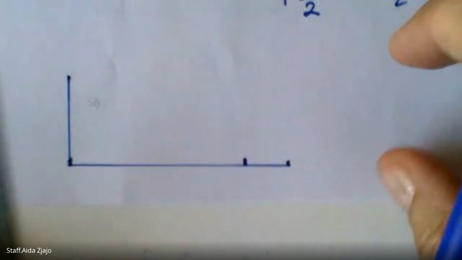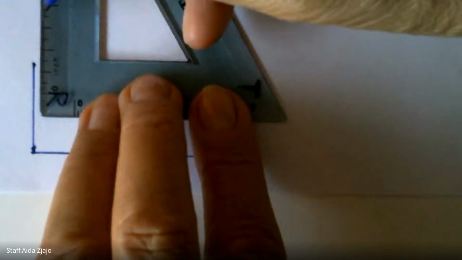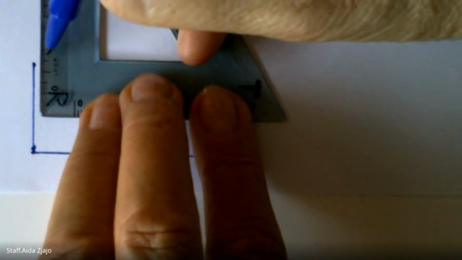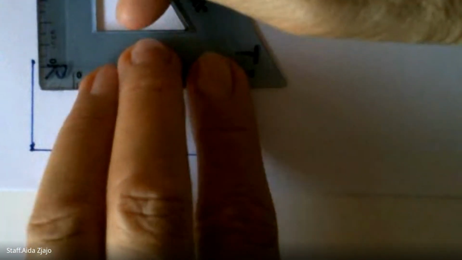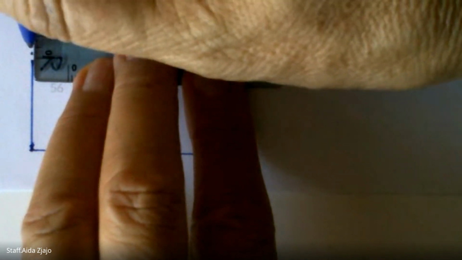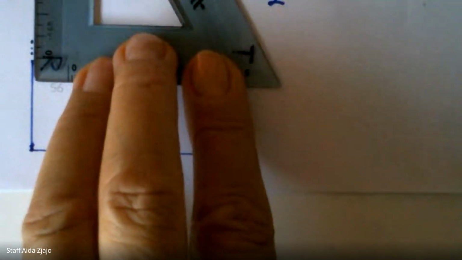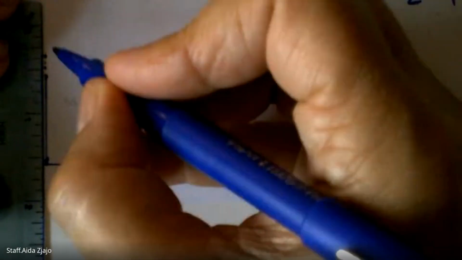If I make it precise, this is 1 2 3 4 5 6 7 8. If I times 2, that means 16. So about like this, half of 8, so these 3 pieces are my 3/16.